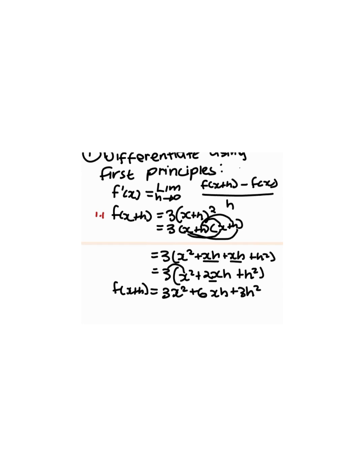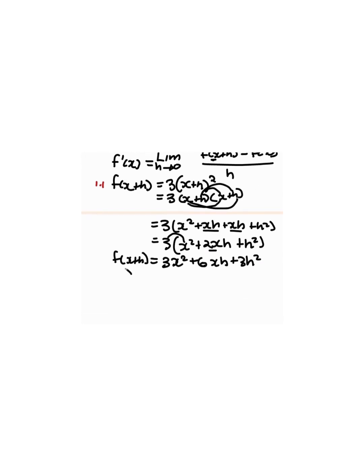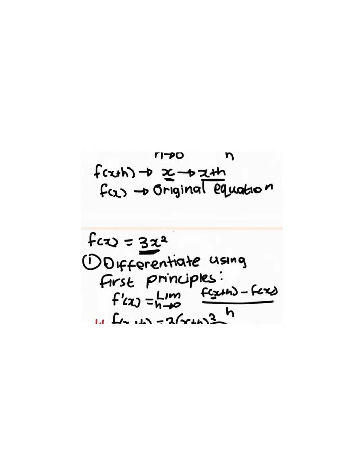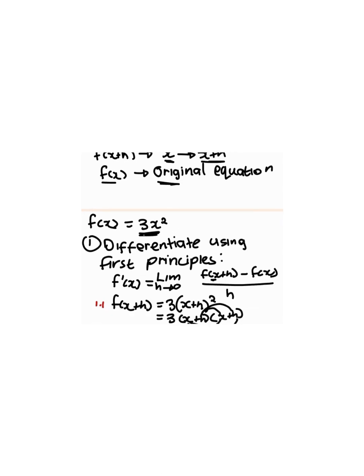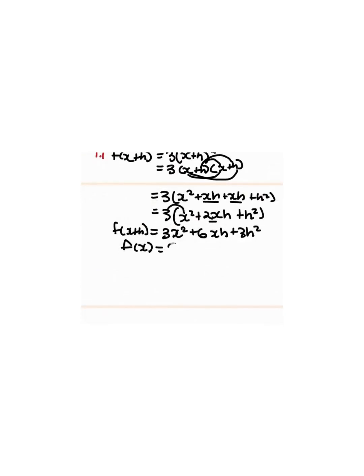And then remember, it's f at x plus h minus f at x. Our f at x is just the original equation as it is, so we have 3x squared.